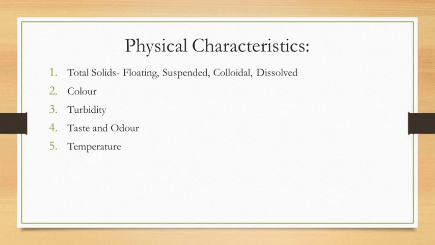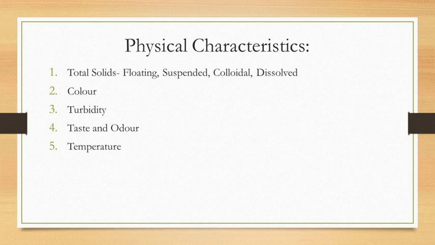The most important physical characteristic of wastewater is the total solids content, because total solids consist of floating matter, matter in suspension, colloidal matter, and matter in solution. That means it is all the solids: colloidal solids, floating solids, suspended solids. This is totally called total solids, which can be determined as suspended solids plus dissolved and colloidal solids.